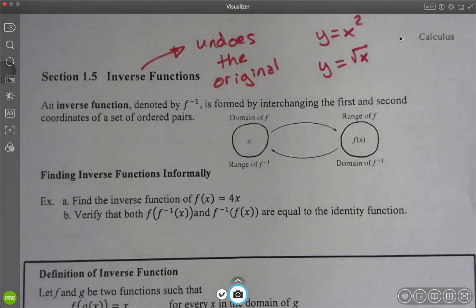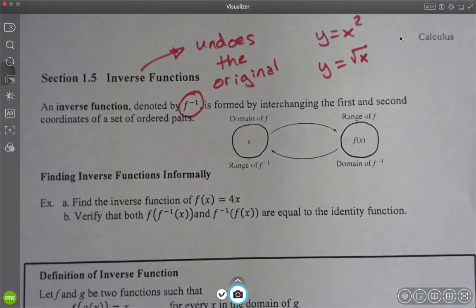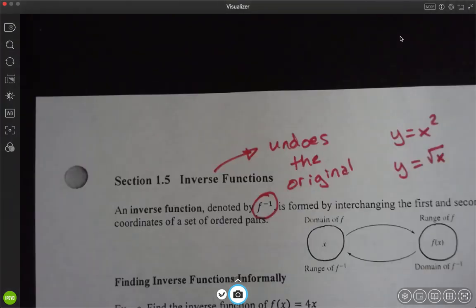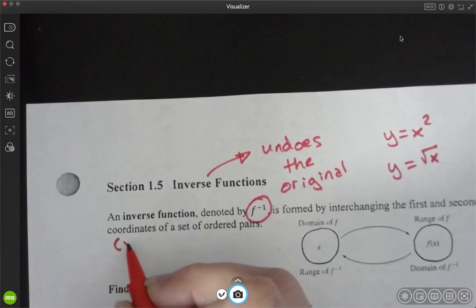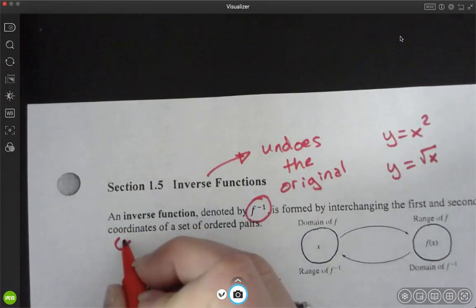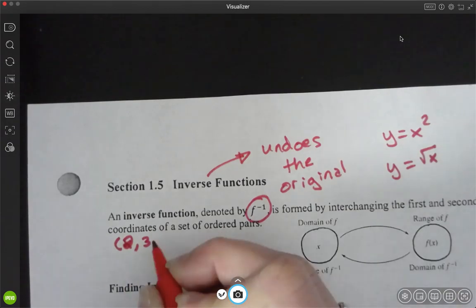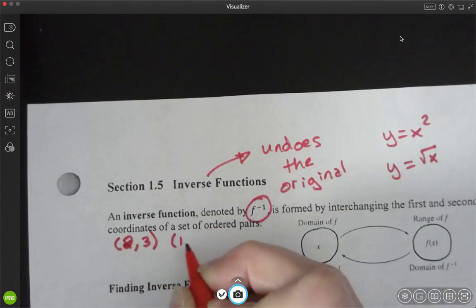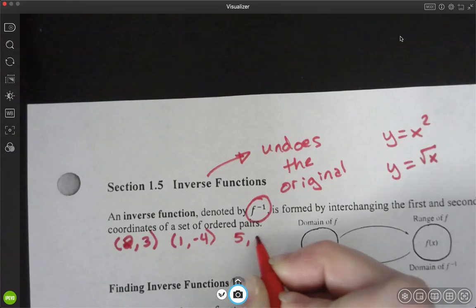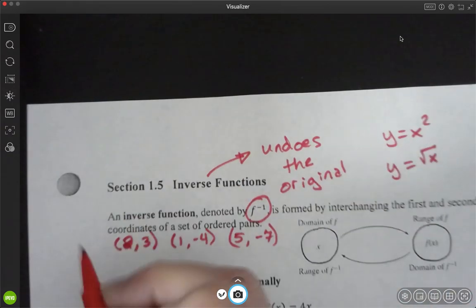So an inverse function is denoted f to the negative 1 power, but it's not actually a negative 1 power, it just looks like that. F inverse is formed by interchanging the first and second coordinates of a set of ordered pairs. When I'm first introducing this to my algebra students, I'll say let's do (2, 3), (1, -4), and (5, -7).